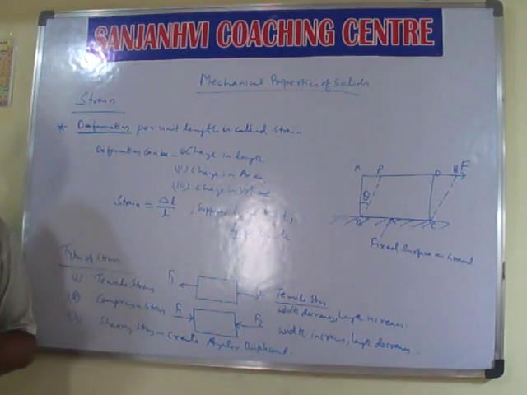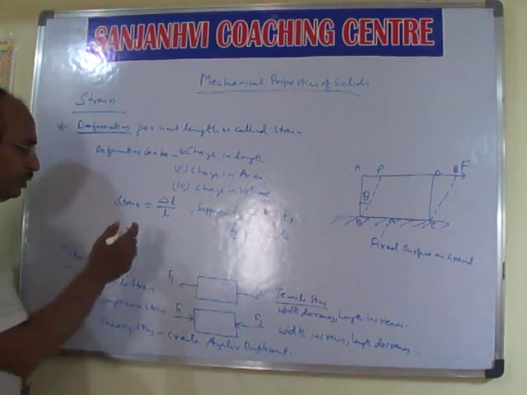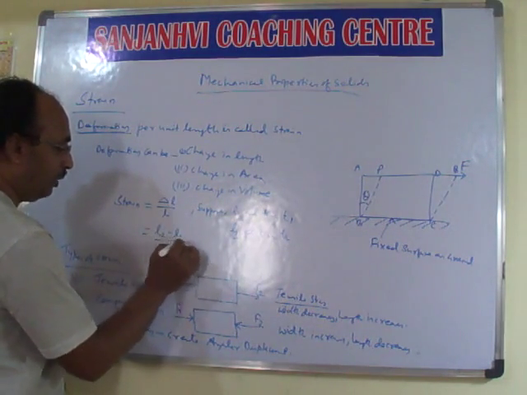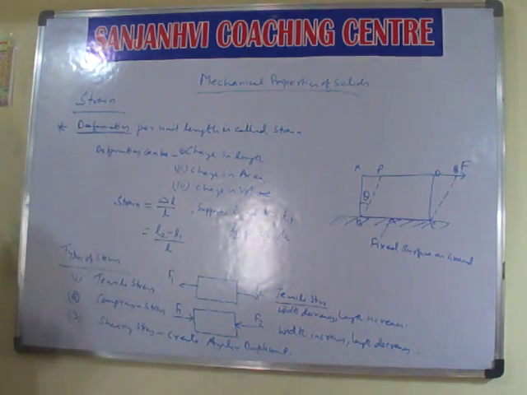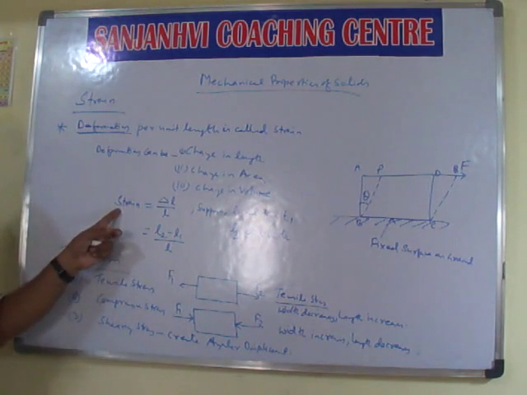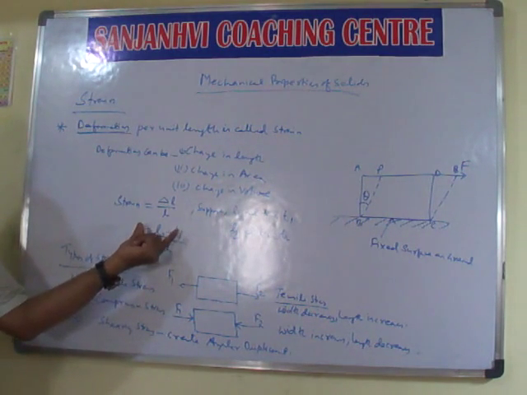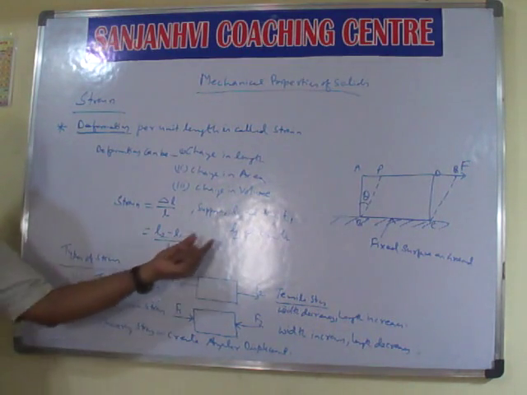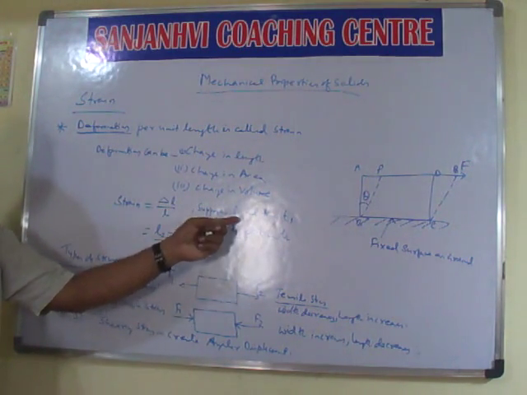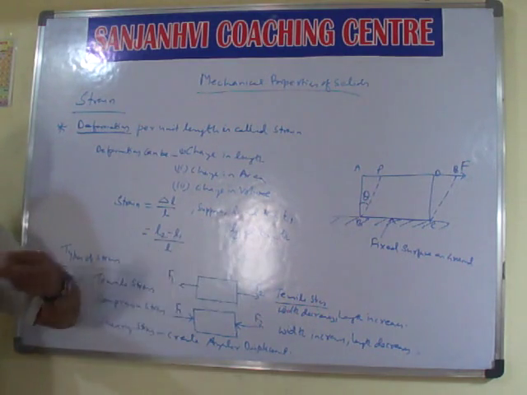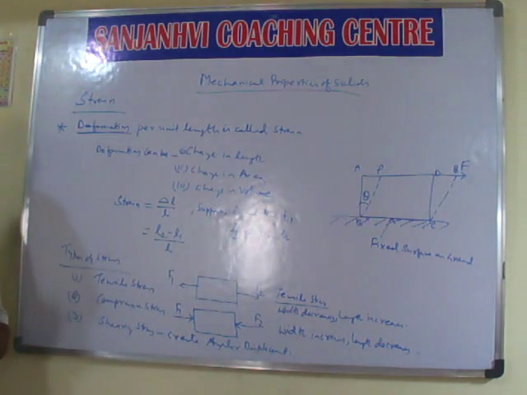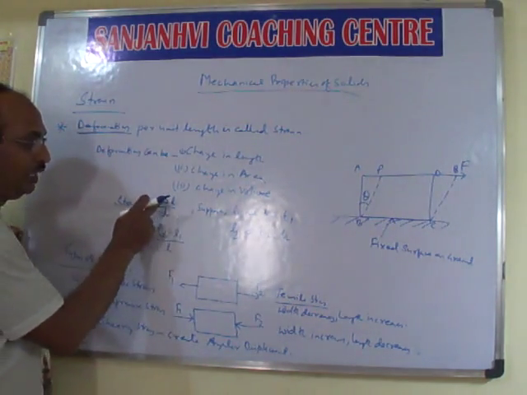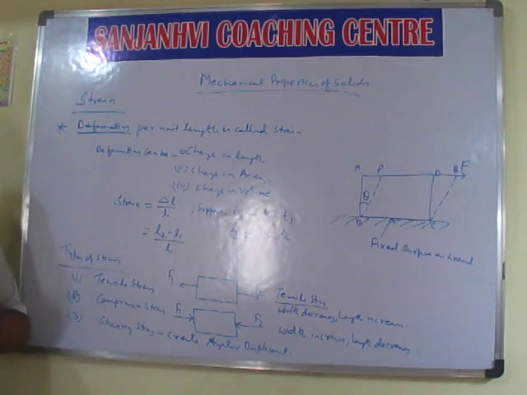So changing length has taken place. We can write it as L2 minus L1 by its original length L. Deformation is this change in length, L2 minus L1. L1 may be the original one, and L2 is the more length that has come. So divided by L, this L2 minus L1 we have written as delta L by L.